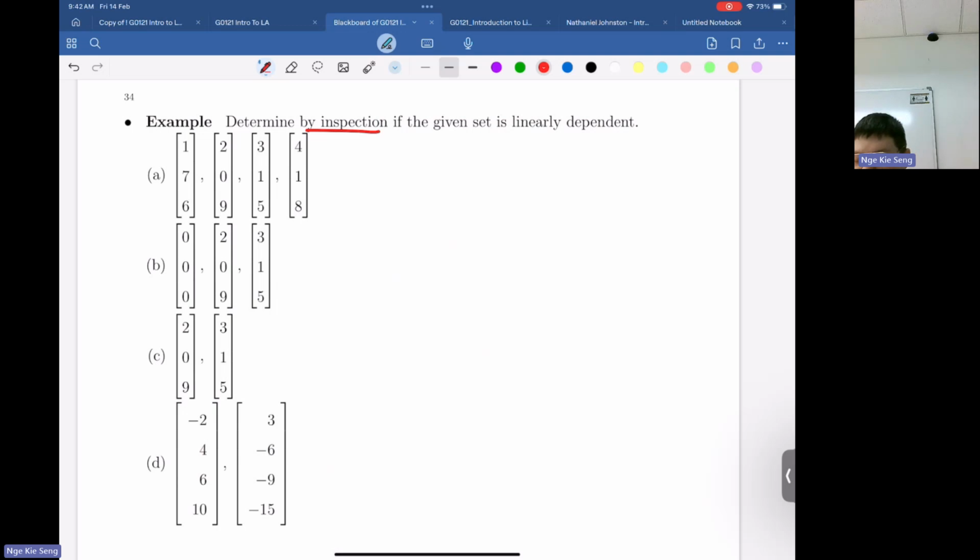Maybe I give you 2 minutes. Try and do it. When the textbook asks you to do it by inspection, usually the answer is easy to see. You don't need to go through very complicated calculation.